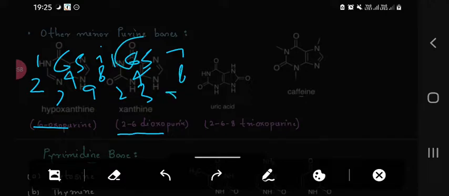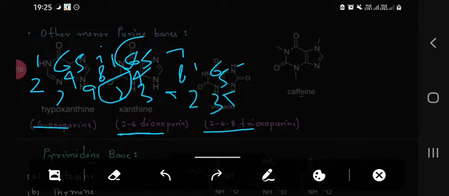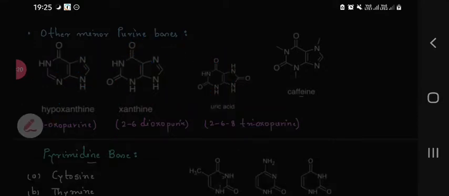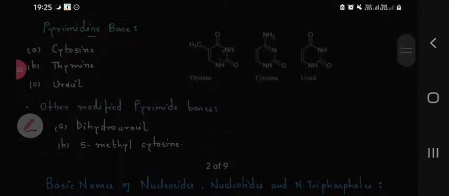So on 6th place and on 2nd place oxygen is coming, so 2,6-dioxopurine. Okay. And here 2,6,8-trioxopurine, 1, 2, 3, 4, 5, 6, 7, 8, 9. So on 2nd position, on 6th position, on 8th position oxygen is coming, so 2,6,8-trioxopurine.